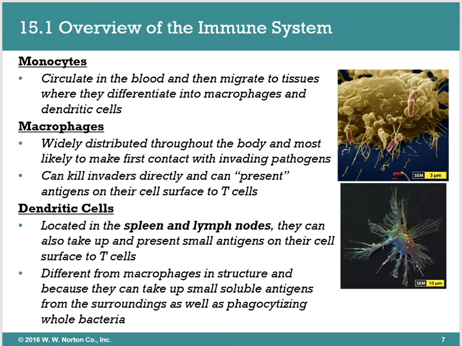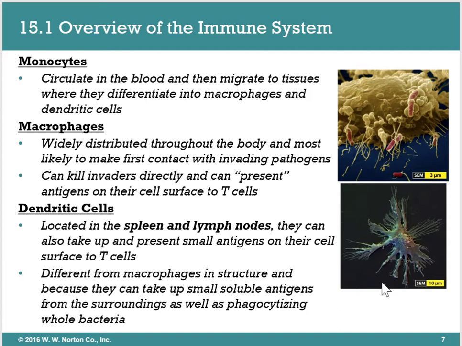structure. If you see the top figure, a macrophage, as you can see, is very globular, very big, very bulky. Whereas a dendritic cell is very spiky. So they definitely have different structures, almost similar functions, but they also have different locations.